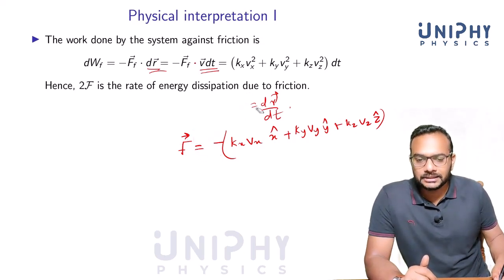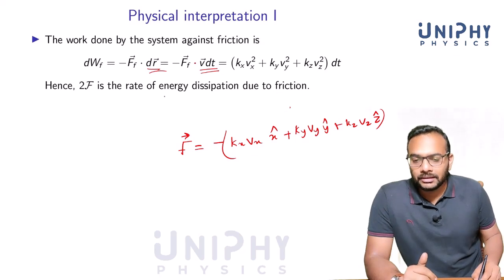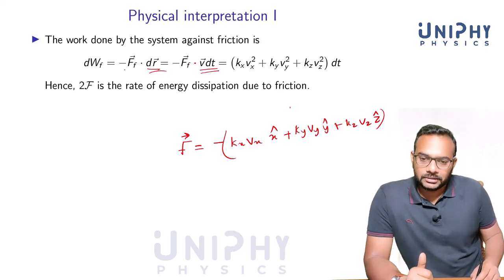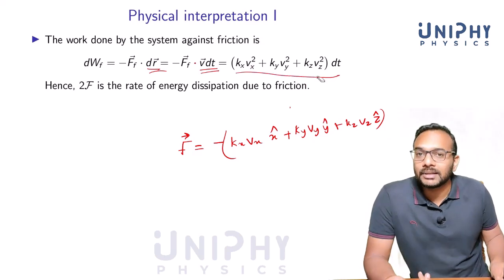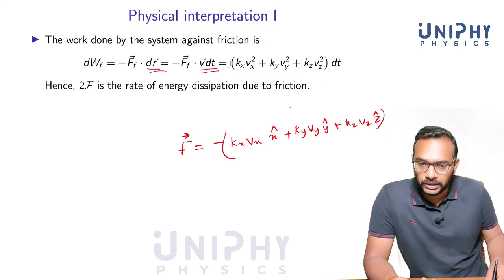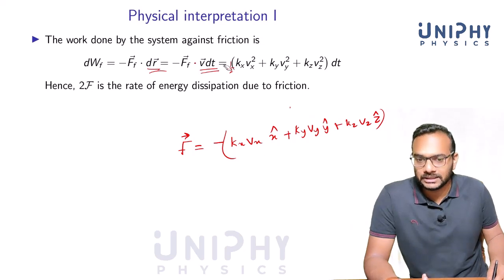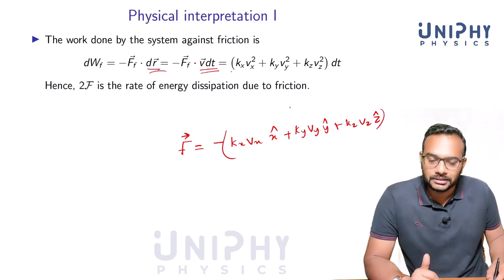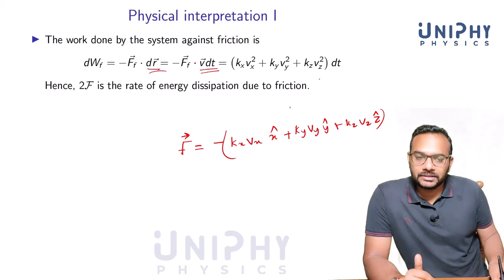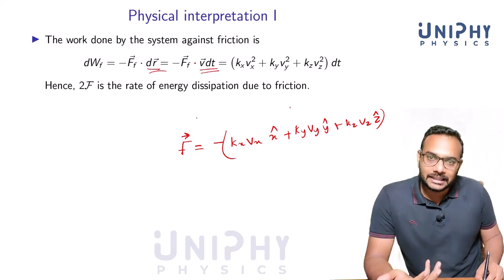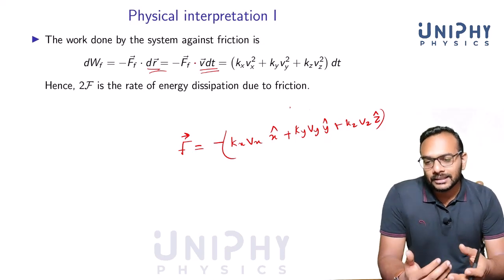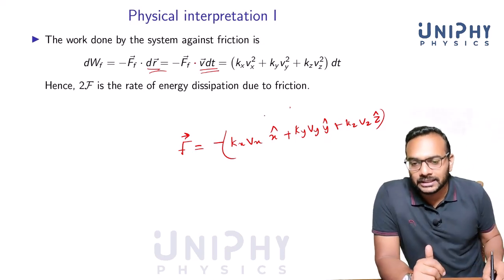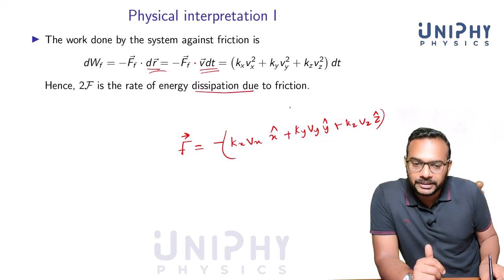When you calculate the work done by the system against friction, you get the Rayleigh's dissipation function multiplied by 2. If you have a 1 by 2 here, this is the Rayleigh's dissipation function for one particle. So the physical relevance of Rayleigh's dissipation function is that twice the Rayleigh's dissipation function is the rate of energy dissipation due to friction.